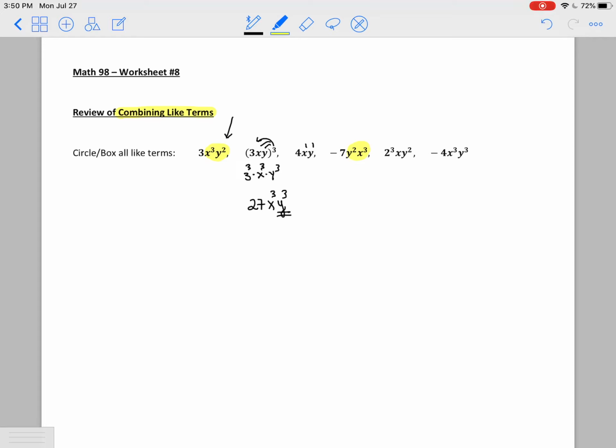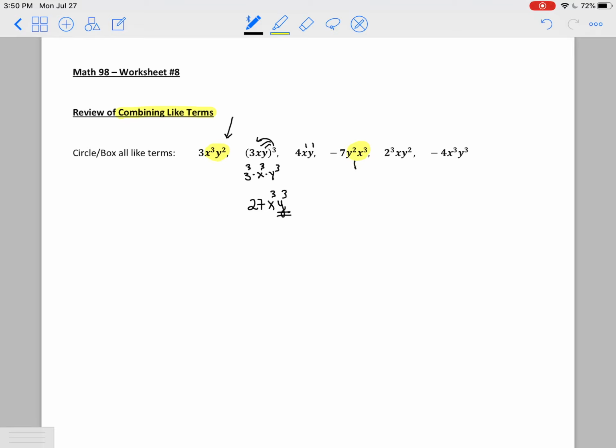Well, let's see, the x has a cube, the y has a square, but they're not in the right order. Is that important? Do they have to be? Do you remember what the property is that tells us whether or not we can switch them around? Definitely can, can't we?